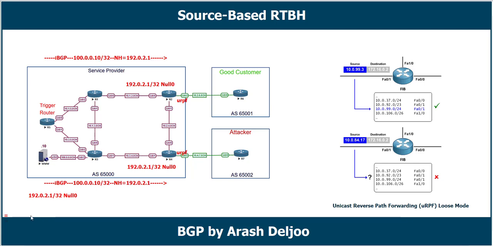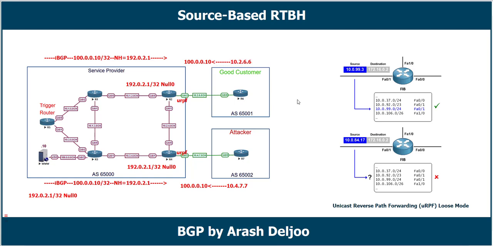For example, if we receive attacker packets with the source IP of router 7, for example 10.4.7.7, and the destination is 100.0.0.10, this is from the attacker. And this is from the good customer, where the source IP is 10.2.6.6.